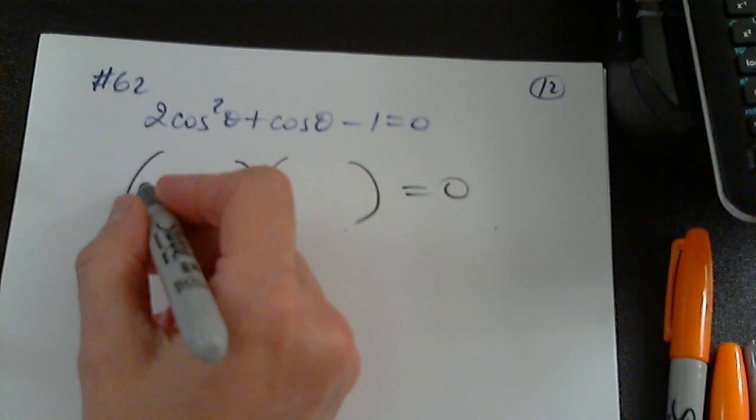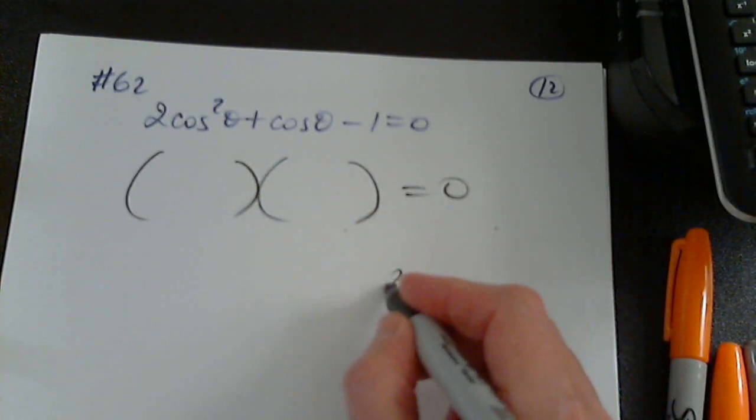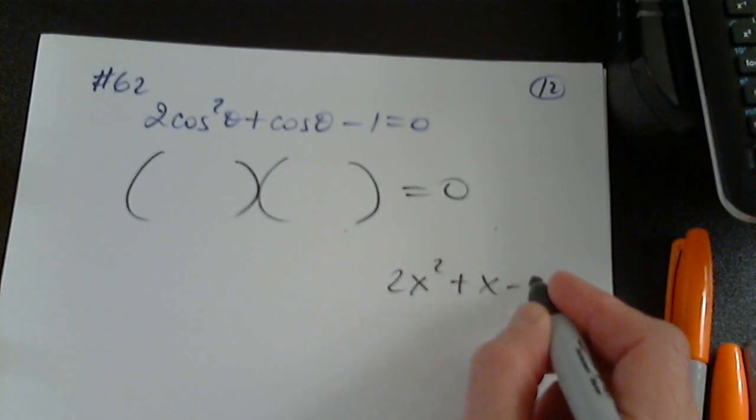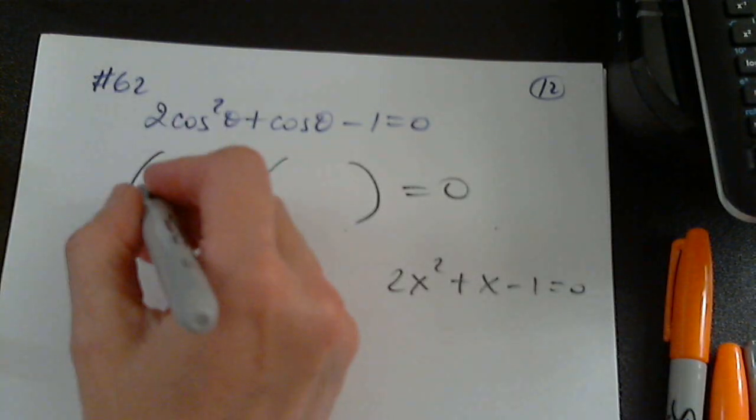Do you make cosine theta equal x? If you want to, it's the same thing. Yes. It's like 2x squared plus x minus 1. Exactly. As I said, yeah. So how do we factor this? 2 cosine theta.